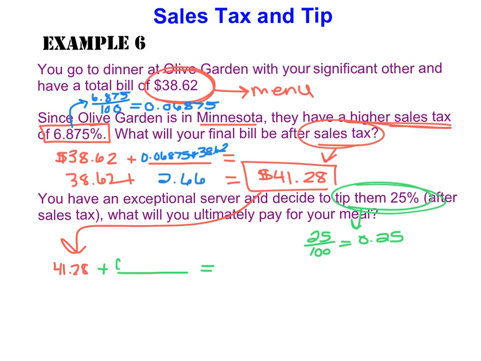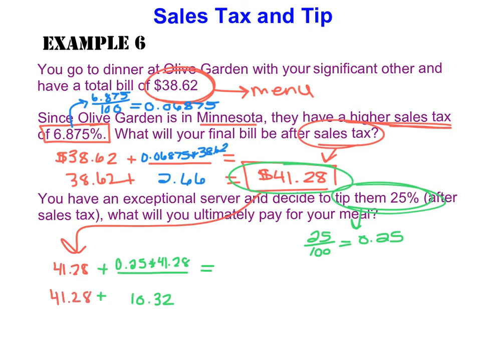So we're going to take 0.25 and multiply that by our amount, which is right here, 41.28. So 0.25 times 41.28 is approximately $10.32. So in order to leave a 25% tip, I would need to tack on $10.32 to my total bill.